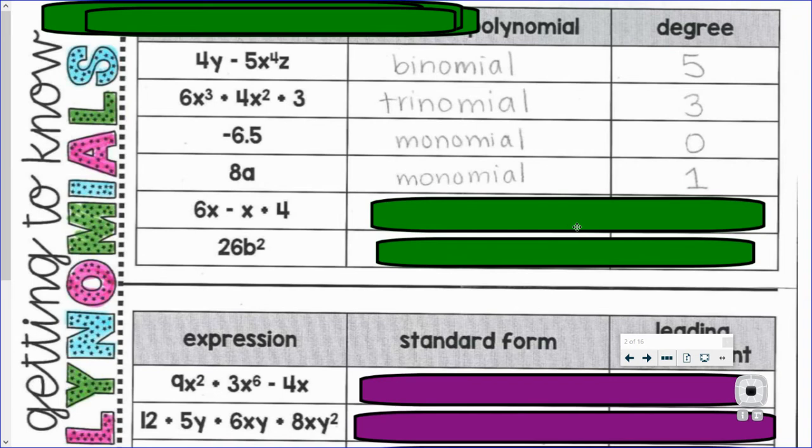All right, look at the next one. Austin, I'm giving you a tricky one. You're going to get this one wrong if you're not real careful. What do you think? Now, let me give you a hint so that you don't get it wrong. Remember, we have to simplify if we can. If we have like terms before we can really identify it, we have to simplify.